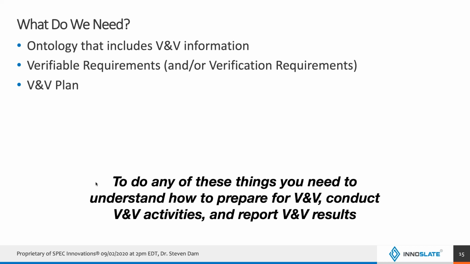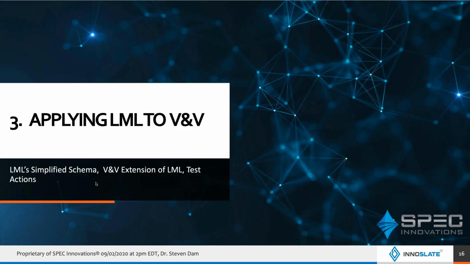Depending on what works best for your organization and what level of formality you need, that's part of it. And last but not least, you also need a plan. Like anything else, if you don't have a plan, you're going to miss a lot of important activities. So it's important to do all those things and understand how to conduct the activities and report the V&V results.